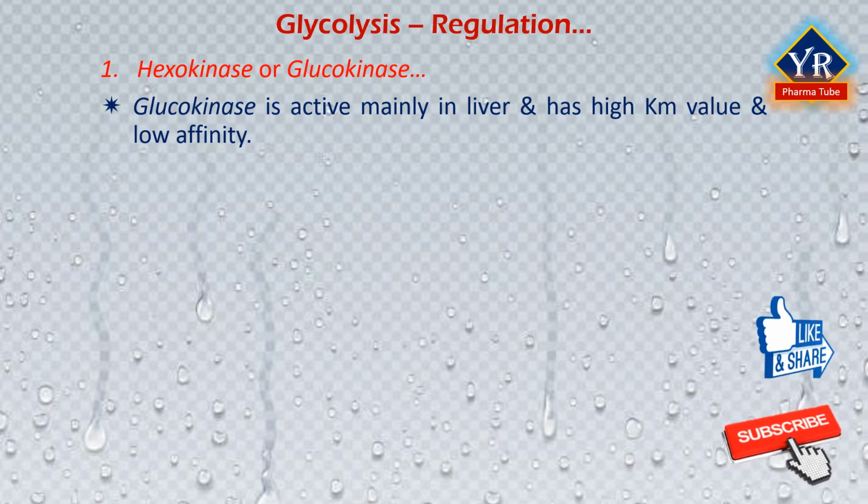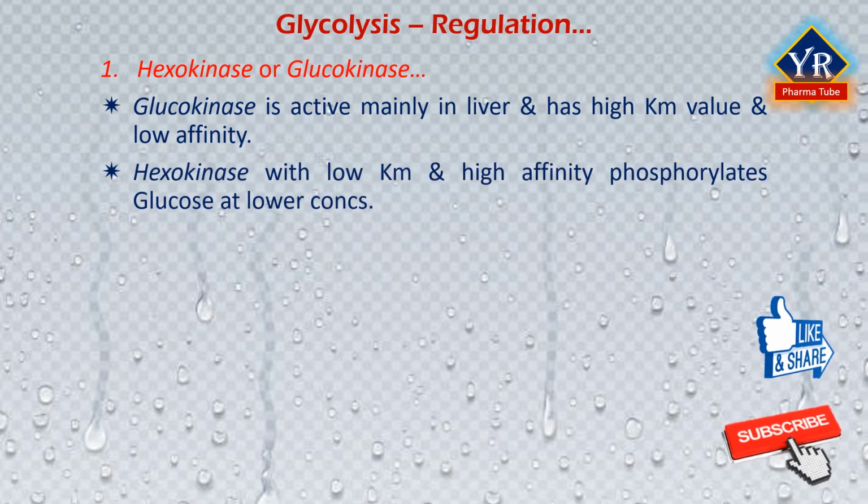Hence, glucokinase can act only when there is adequate glucose supply so that excess can be stored. Hexokinase with low Km value and high affinity can phosphorylate glucose even at lower concentrations so that glucose is made available to the brain, cardiac muscle, and skeletal muscle.